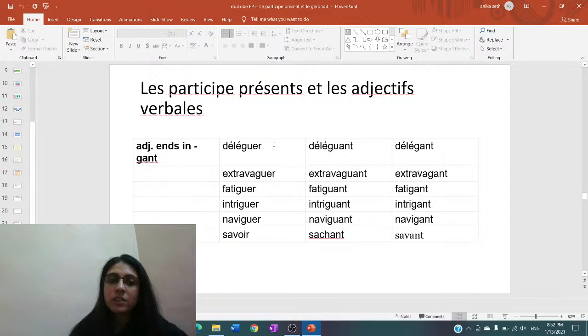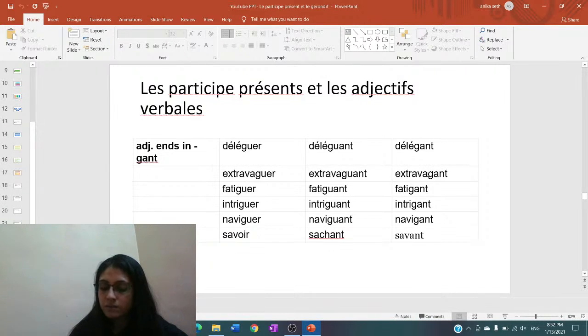Then the adjectives which end with gant, like a verb like déléguer. Here it is déléguant, guant. So as the adjective, it will only be gant. Extravagant, extravagant. Guant is the present participle.